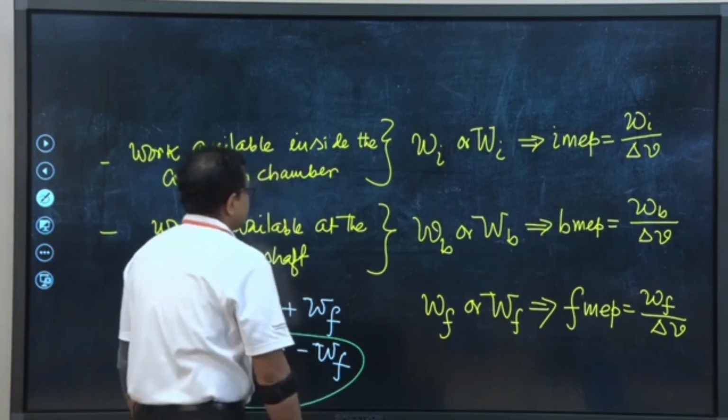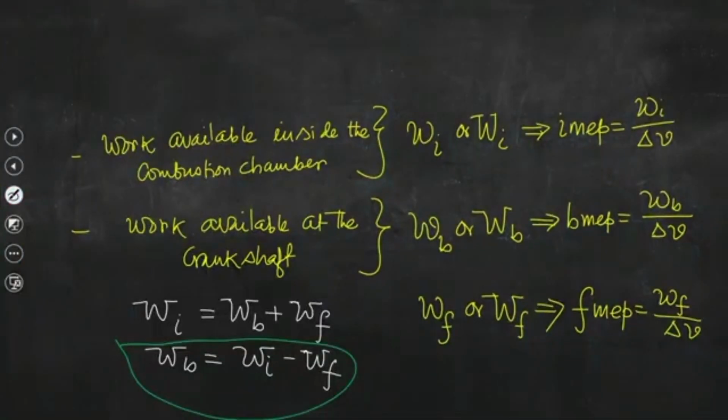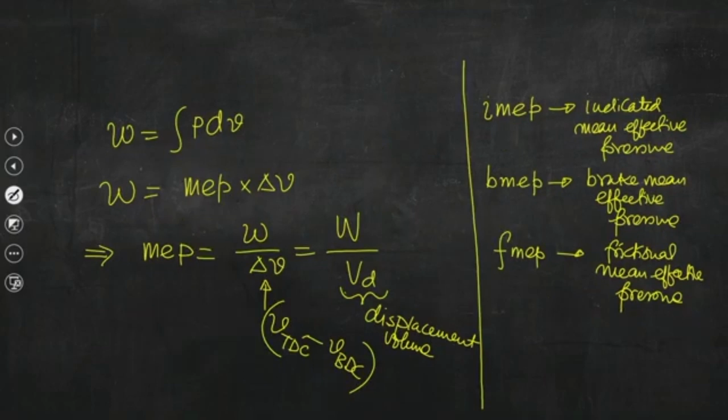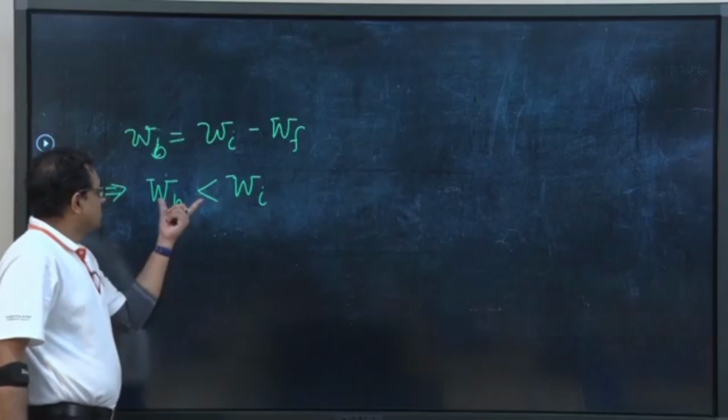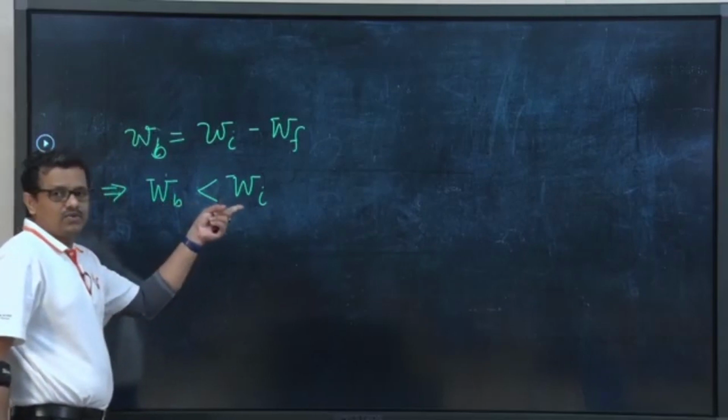So, if we write WB equal to WI minus WF, WB is less than WI, so WB is not equal to WI.